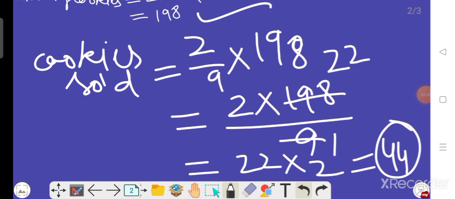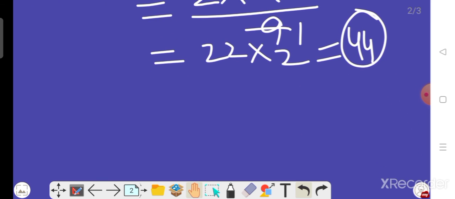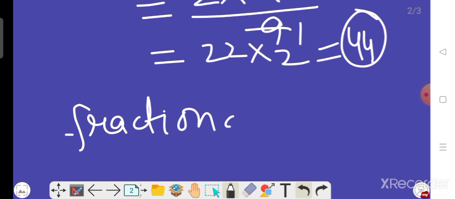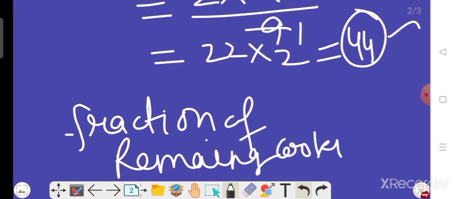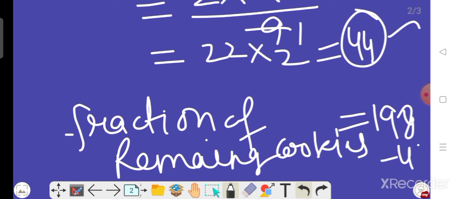Okay, now in the B part, we have to find the fraction of remaining cookies after selling 44 cookies. Remaining cookies are equal to 198 minus 44, and that is equal to 154.